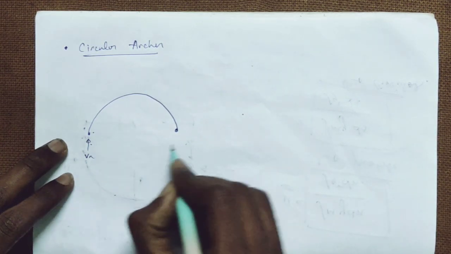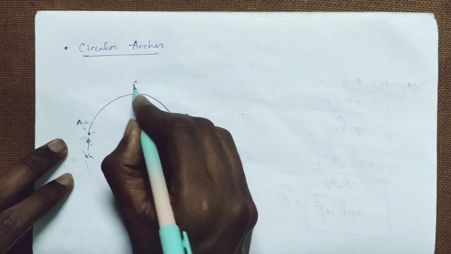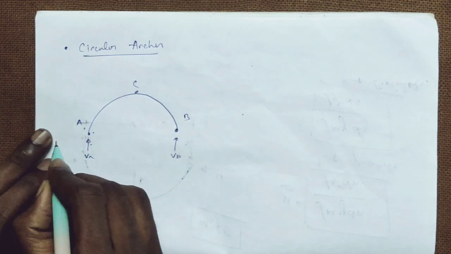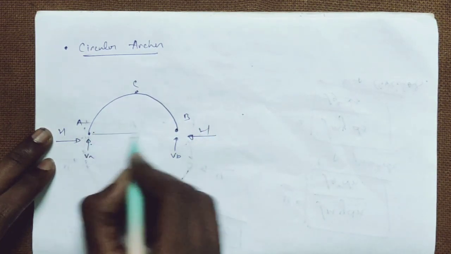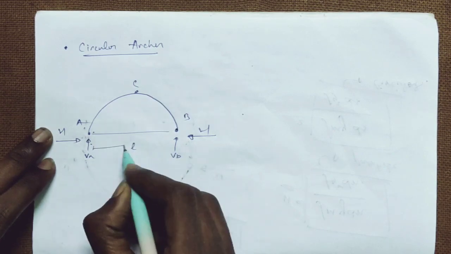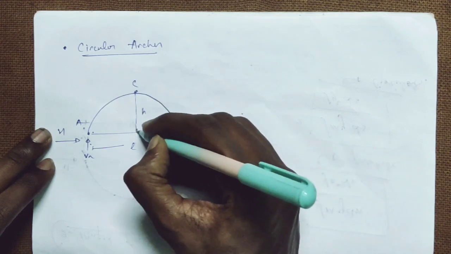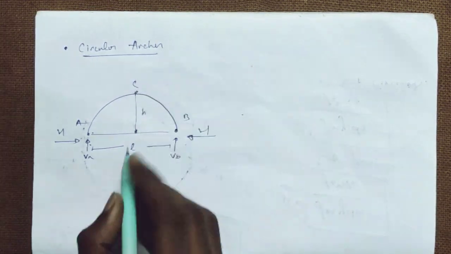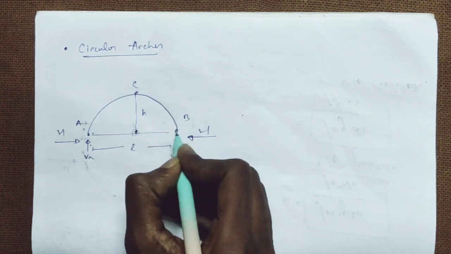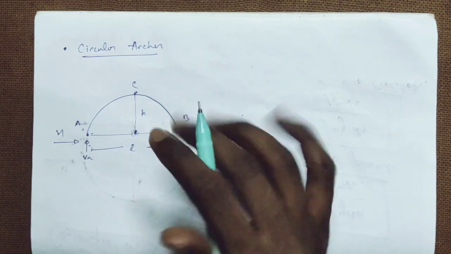Let this be VA, VB, point A, point B, and point C, with H, H, span L, and rise h. Let this be the center of the circular arch, so it will be called a semicircular arch.